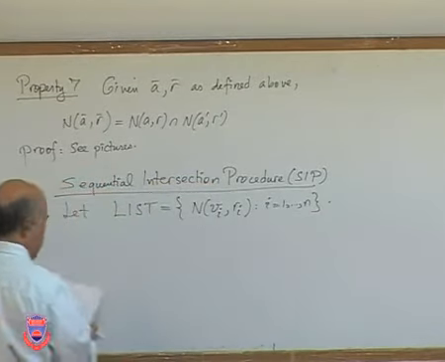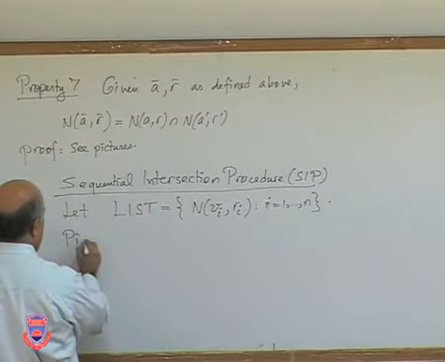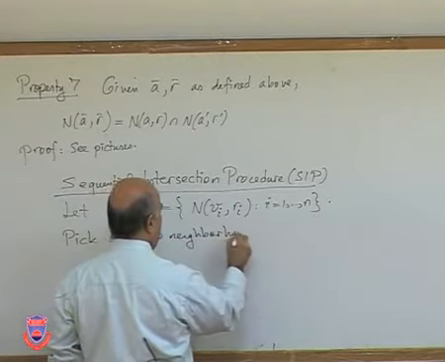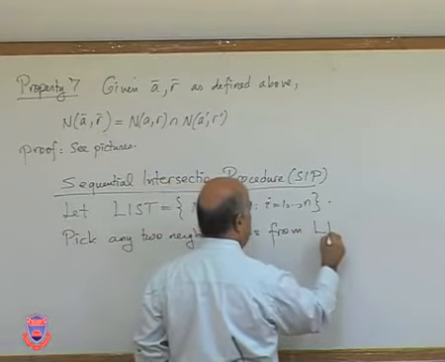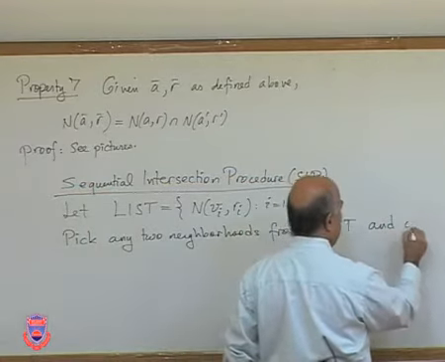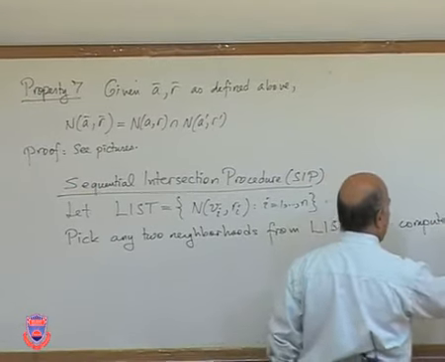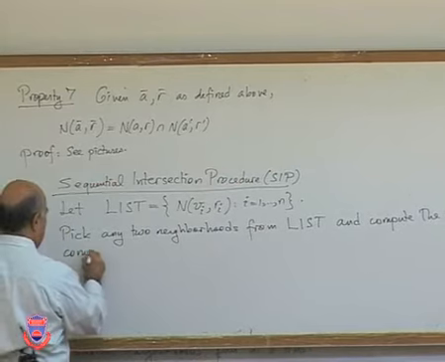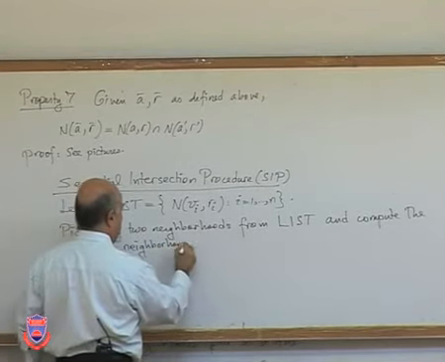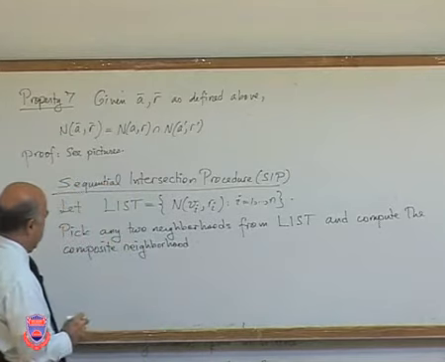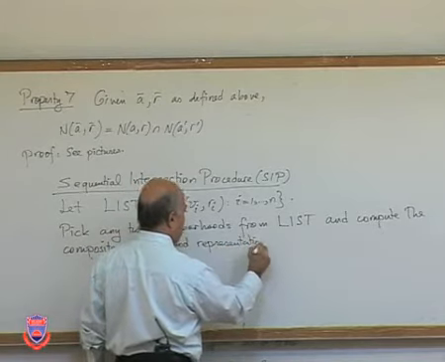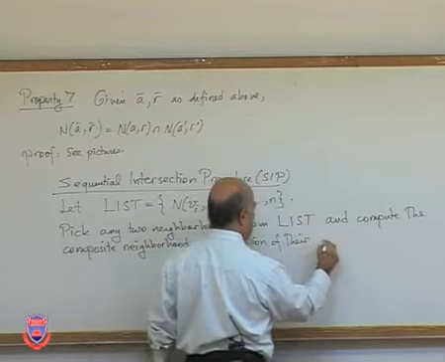And it simply picks any two neighborhoods from the list, and then computes the composite neighborhood representation of their intersection.